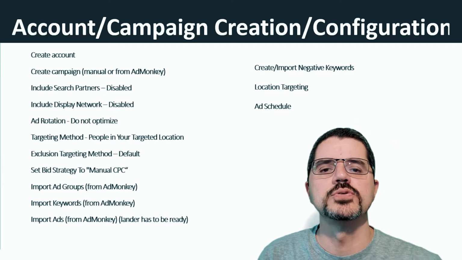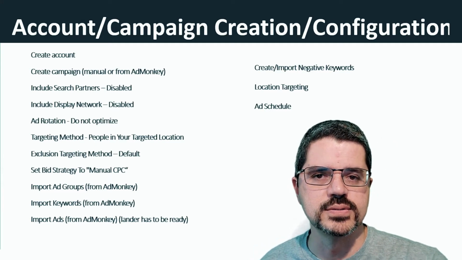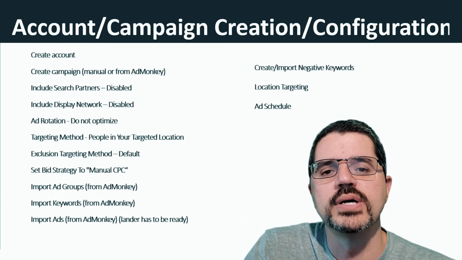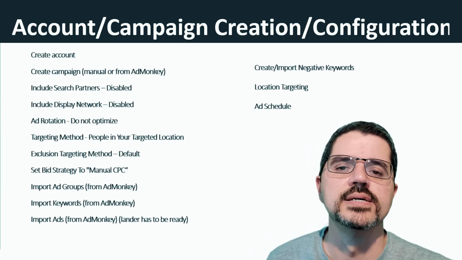Same thing with ad schedule. We want to make sure that we're running in line with the time zone that's configured on the account, and that we run it at times that are suited for the ads, right?